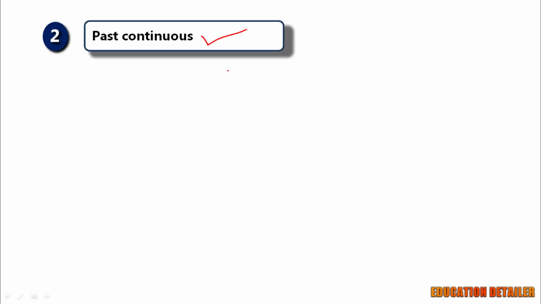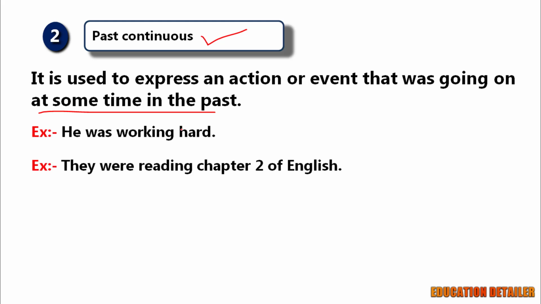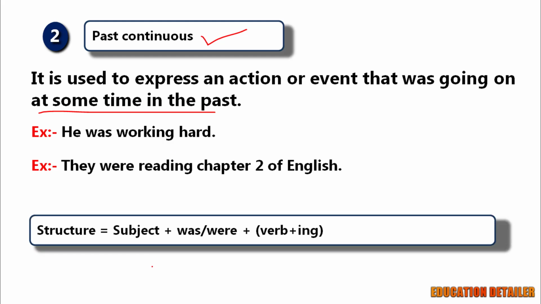Next type of tense. Past continuous or progressive. The past continuous is used to express an action or event that was going on at some time in the past. He was working hard. They were reading chapter 2 of English. Used for actions that were ongoing or happening in the past. Let me show you the structure first, then I will explain all the uses of past continuous one by one.